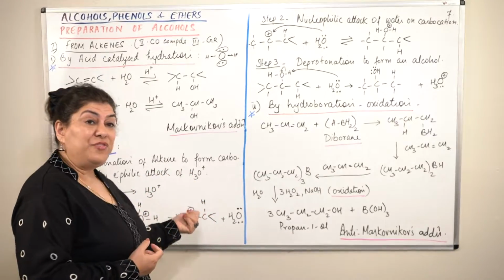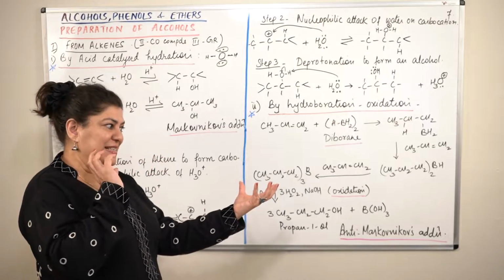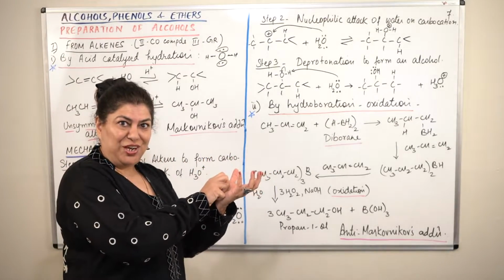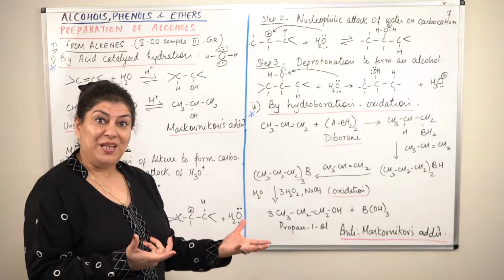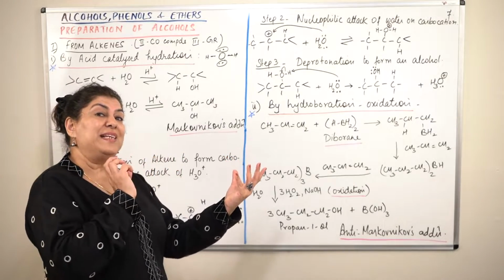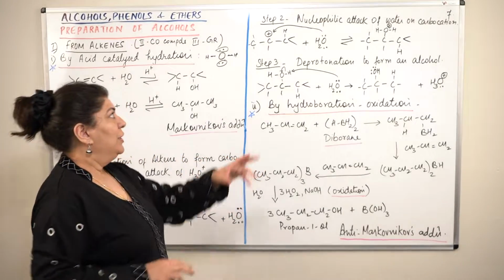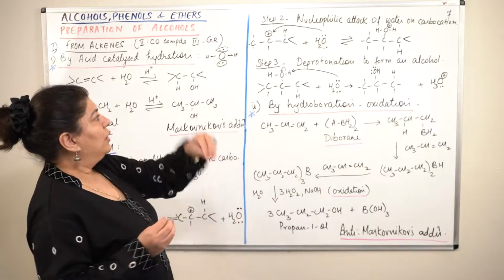It has got a positive charge. So an electron rich species acts as a nucleophile. It is attracted to positive charge. Electron rich means it has these electrons which it can give. So it acts as a nucleophile. Nucleophile means attracted to the positive charge. So a nucleophilic attack of water takes place on the carbocation.